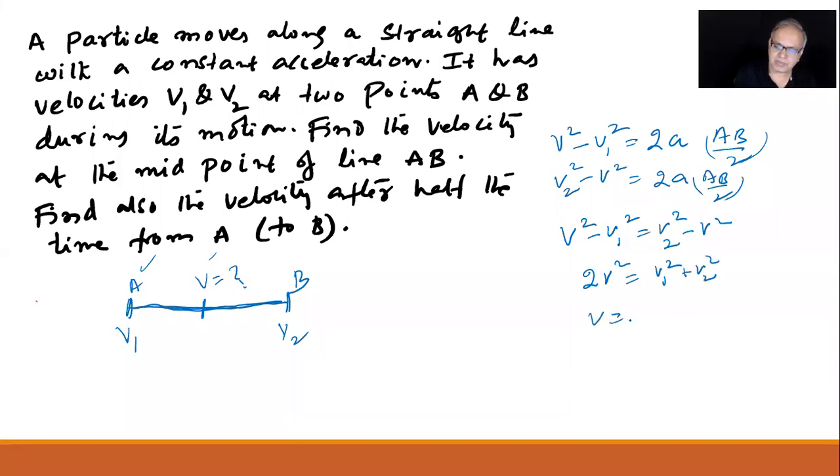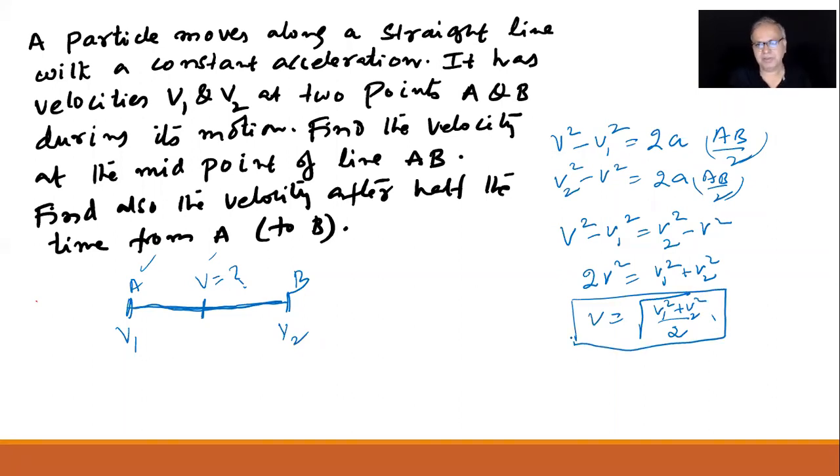So v equals, in one go, I'll write, square root of (v1 square plus v2 square) by 2. This can be considered an exercise problem. There's not much difficulty here. We are simply substituting the given things in the equations known. That's what I mean by level 1 problem or exercise problem.